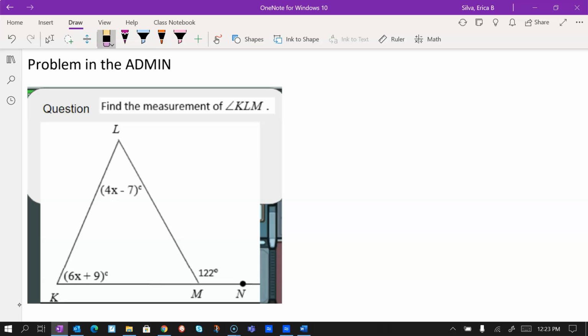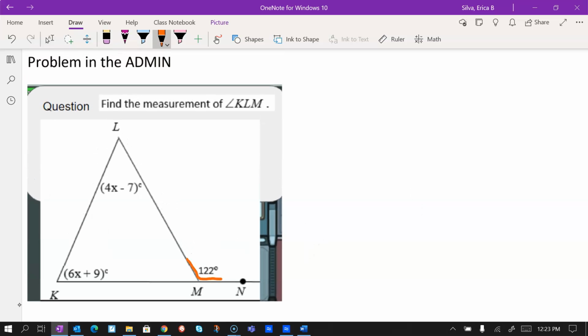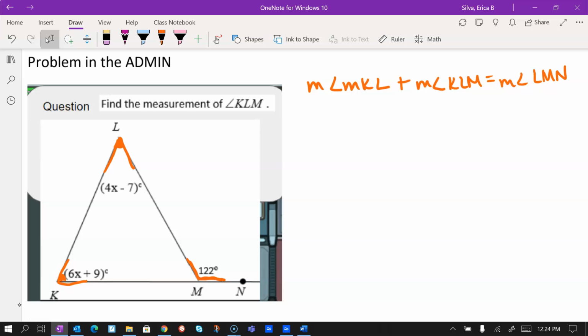Recall from our exterior angles that this exterior angle is equal to the sum of these two angles. So we write our equation: the measure of angle MKL plus the measure of angle KLM is equal to my exterior angle, the measure of angle LMN.